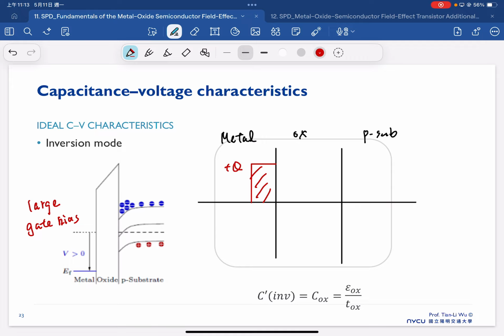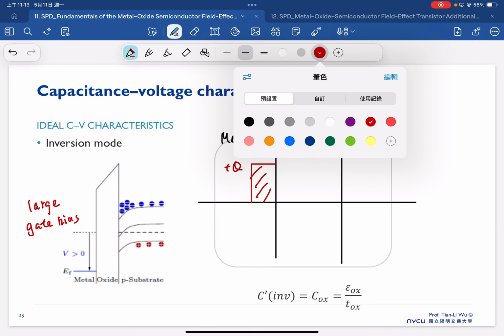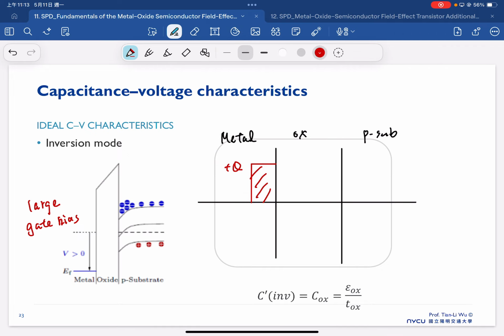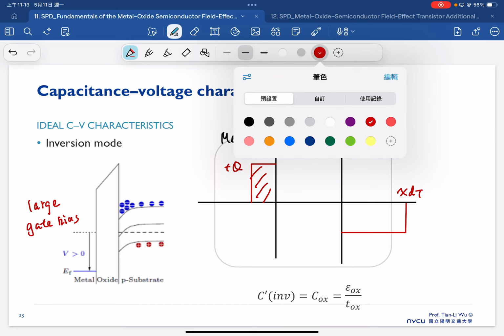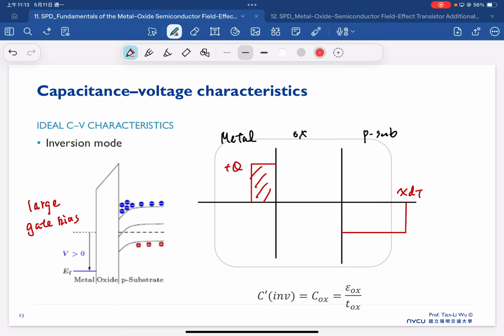And then in the end of the depletion mode, which we described in the last page, we have this charge in the depletion region. But now, again, because we reach the maximum depletion width, the further bias will just induce a very high density surface charge.